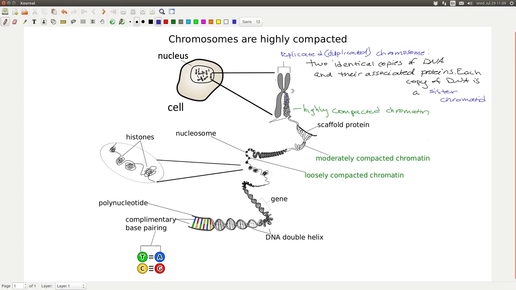So we can label those on our chromosome here. So here, this is one sister chromatid, and this other side is the other sister chromatid. So a replicated chromosome or duplicated chromosome is made up of two sister chromatids, and this little region here, which is holding them together, is the centromere. So the centromere is a small section of DNA and its associated proteins, and they attach chromatids together.